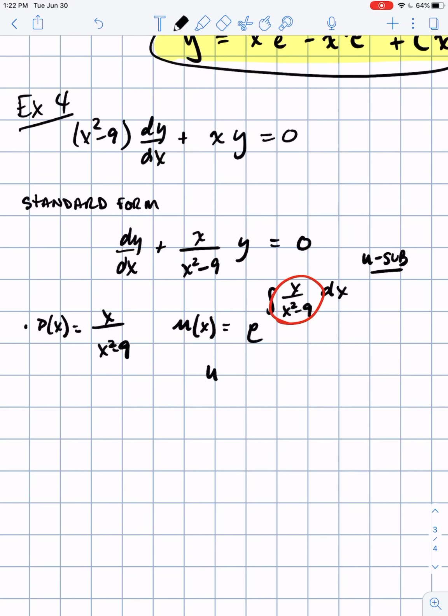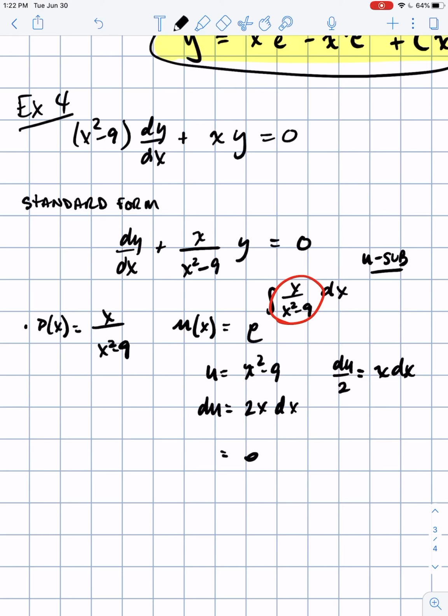All right, so u substitution, my u is going to be x squared minus 9, my du is 2x dx, right? So here I'll have du over 2 equal to x dx, right? So you can see as I rewrite that, the x dx portion will be right there, and I can do that substitution with it.